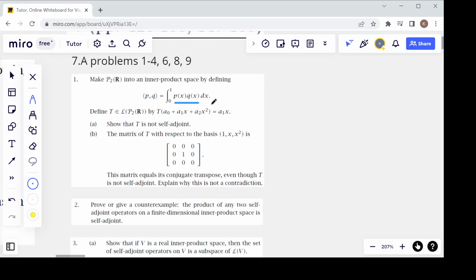Calculus isn't really my favorite thing. And then evaluating it over the range 0 to 1, and that value is the inner product. So it does meet all the criteria for an inner product space. You could test that if you wanted. We won't bother because I don't want this video to be an hour long.